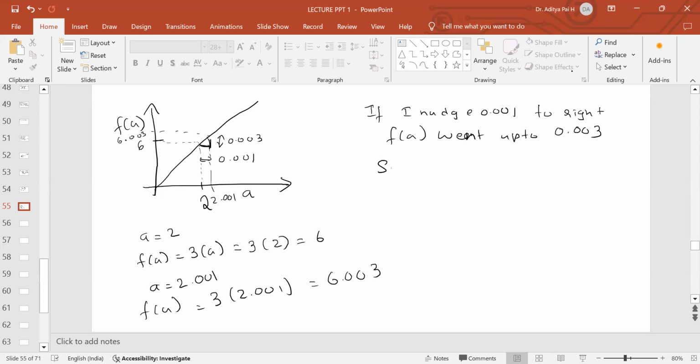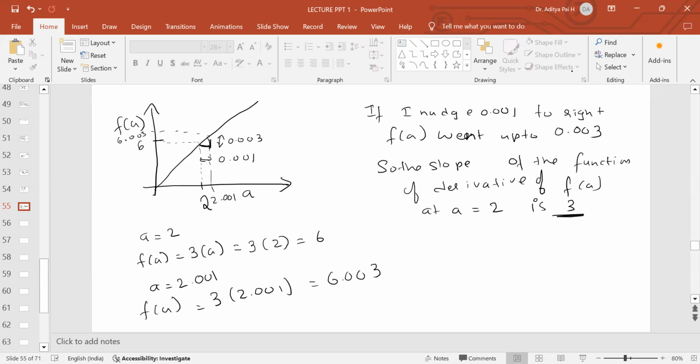So the slope of the function, the derivative of f of a at a equal to 2, is 3. That is, the slope is nothing but 3. Why? Because at a equal to 2, f of a was 6, and at a equal to 2.001, f of a is 6.003.